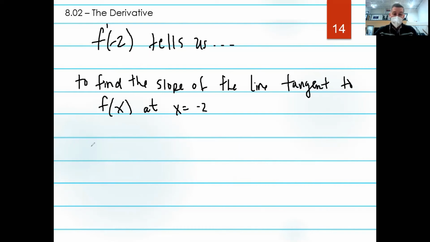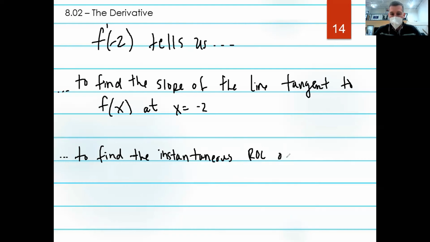If you want to take that a step further, it tells us to find the instantaneous rate of change. I'm going to put ROC for rate of change. Find the instantaneous rate of change of f of x, whatever that function is, at x equals -2.